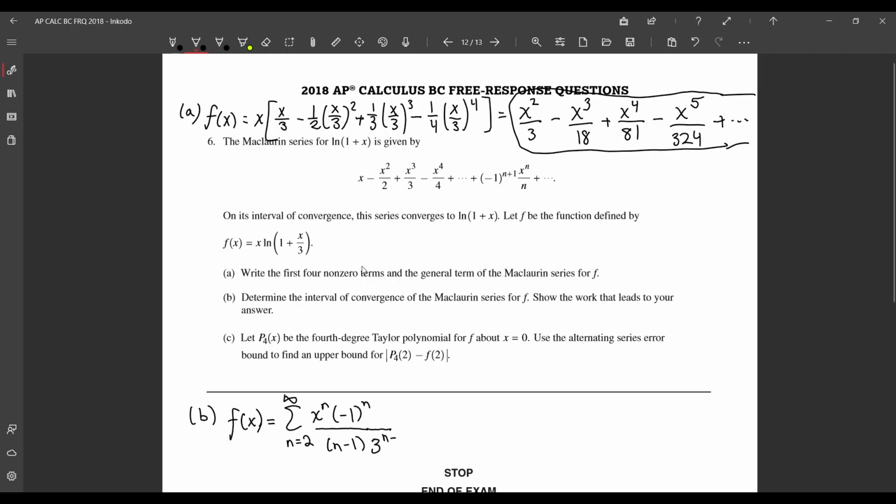Well, I guess let's just say 3 to the n minus 1, why not? So that should be good.